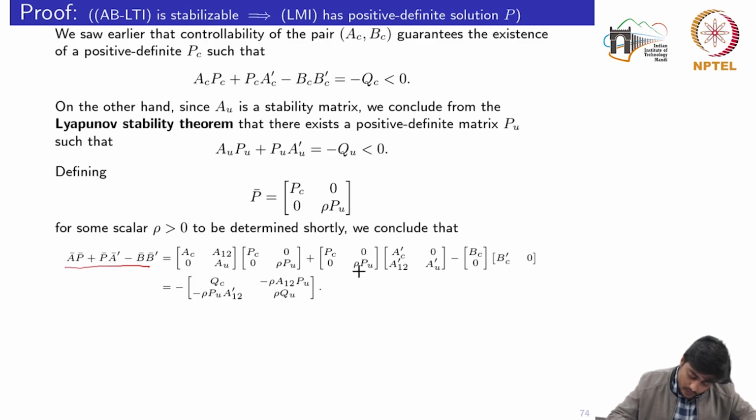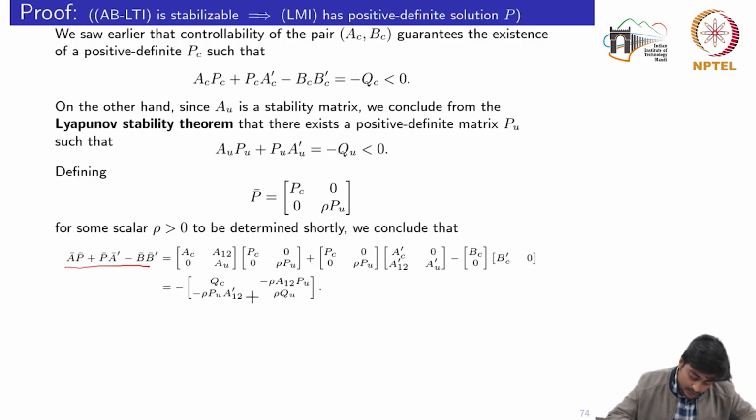And seeing the last element, rho is a scalar, so I can write AU PU plus PU AU transpose, which is nothing but minus QU. So I obtained this matrix with a rho multiplication.